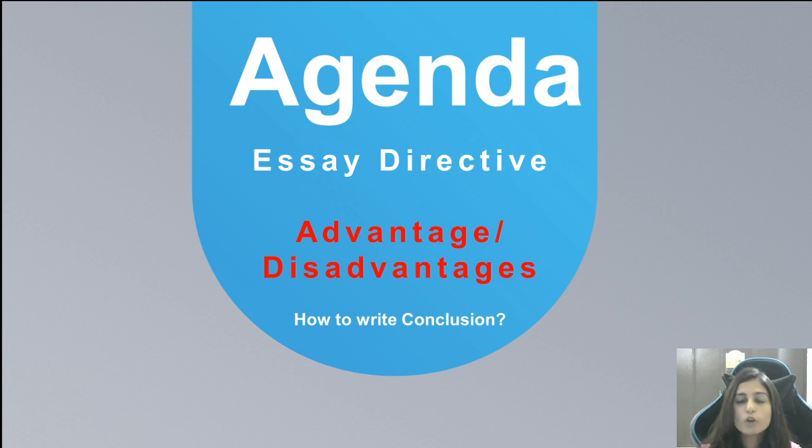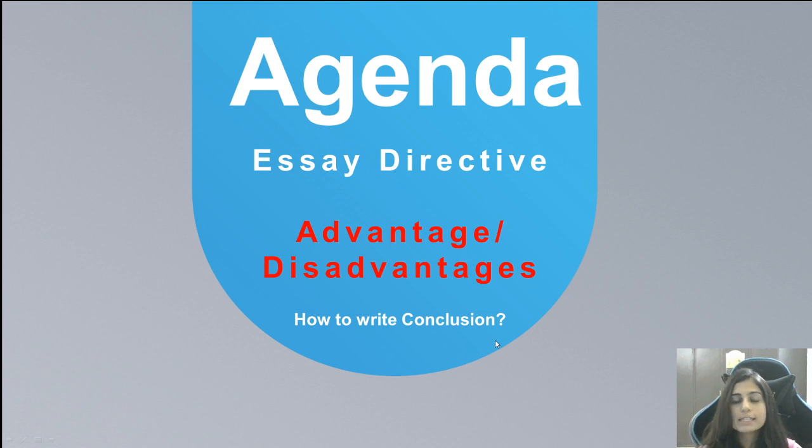So all of you who were writing in the chat box that you wanted to learn more about the connectors, today is the day. You need to stay focused throughout the session. And it's not just about connectors. We'll be learning how to write the essay advantages and disadvantages, and along with that we'll also learn how to write the conclusion.